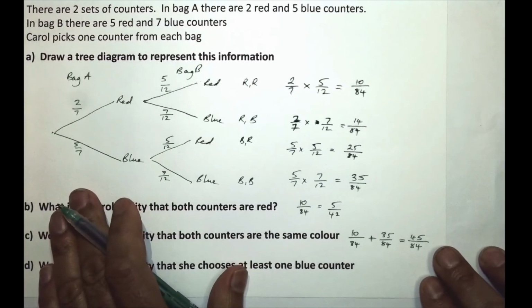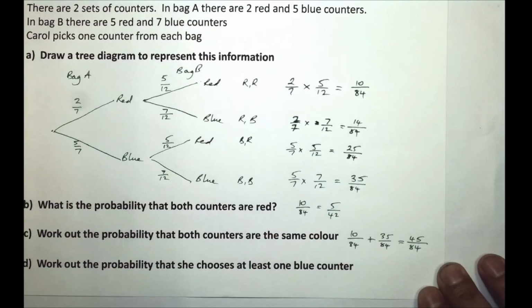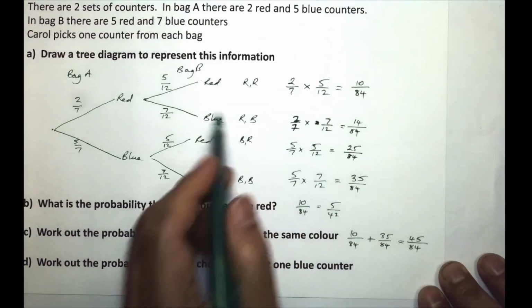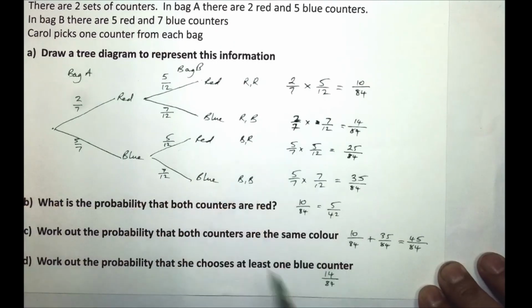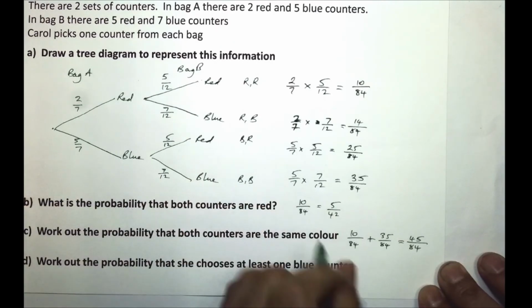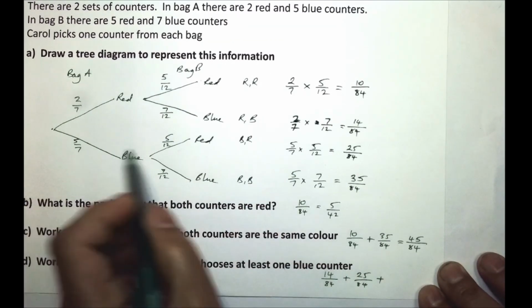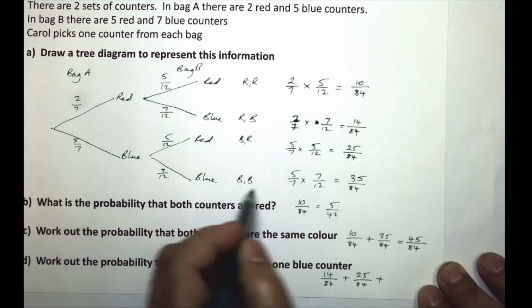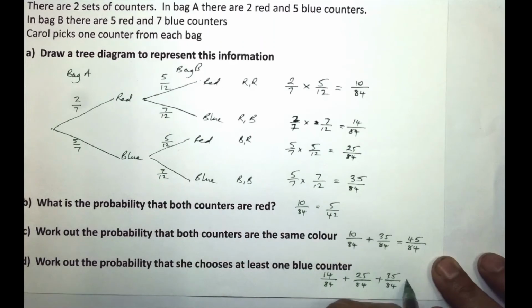Now for the last part, I just need to use the three probabilities and add them together. So that will be red, blue, which is 14 out of 84, or blue, red, which is 25 out of 84, or blue, blue, which is 35 out of 84.